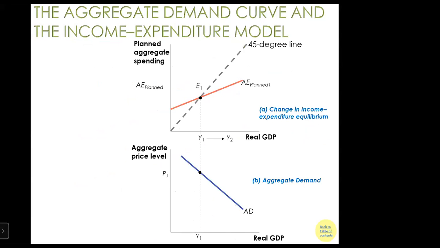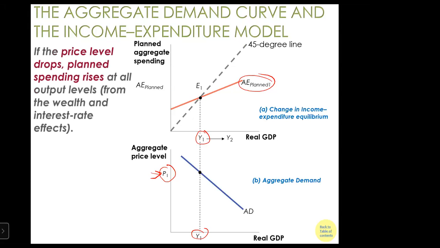So actually, we can look at this diagram. Okay, on the top, since we just learned this, right? This aggregate expenditure is the income expenditure model, right? And given the price level, which is given here, you're going to find Y1. Let's go to here. So this is given.